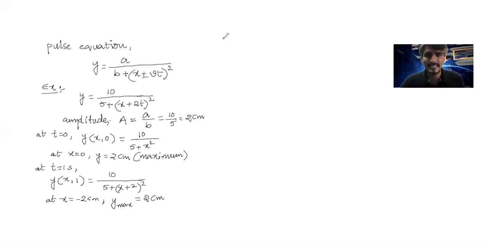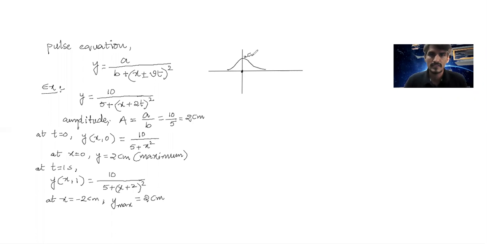See, for example, this is a pulse. Initially, the y value will be maximum at 0. So how to draw that? Like this we have to draw. Why? Because at x equal to 0, at the origin, y will be maximum. Do you understand? How much will be its value?